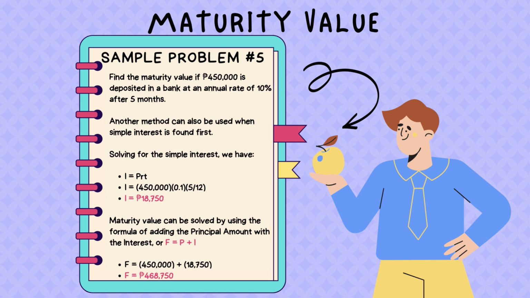After substituting the values in the formula, we have simple interest is equal to 18,750 pesos. The maturity value can be solved by using the formula of adding the principal amount with the interest, or F = P + I. After substituting values in the formula, we have the maturity value is equal to 468,750 pesos.